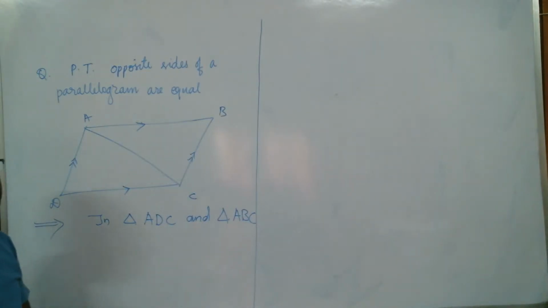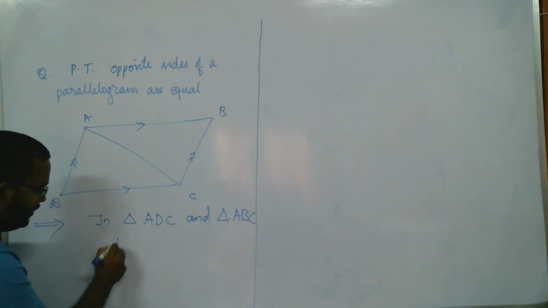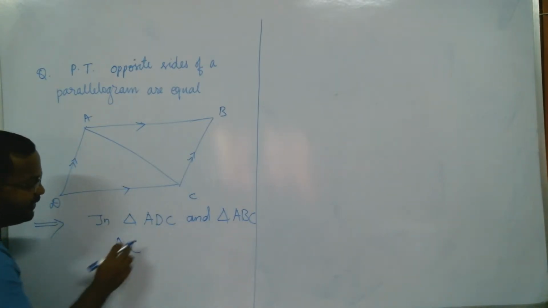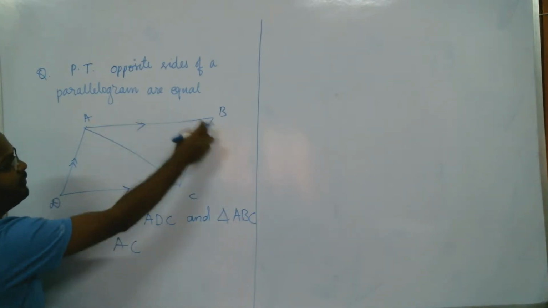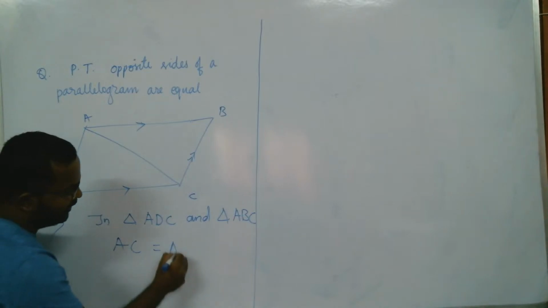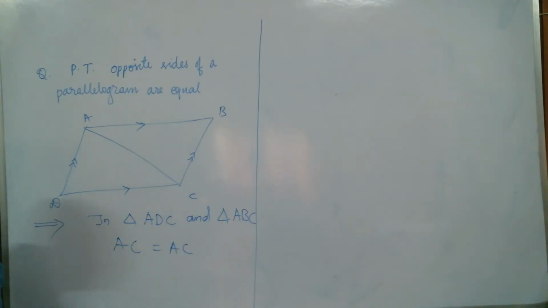Okay, listen here. First of all, look at the common things we have here. AC. In triangle ADC we have AC, and in triangle ABC here also we have side AC. So AC and AC are equal.